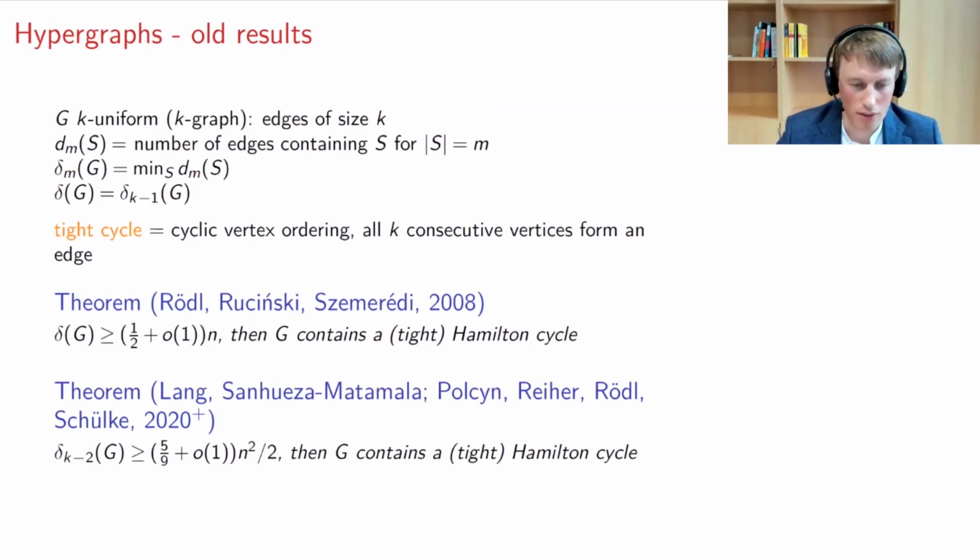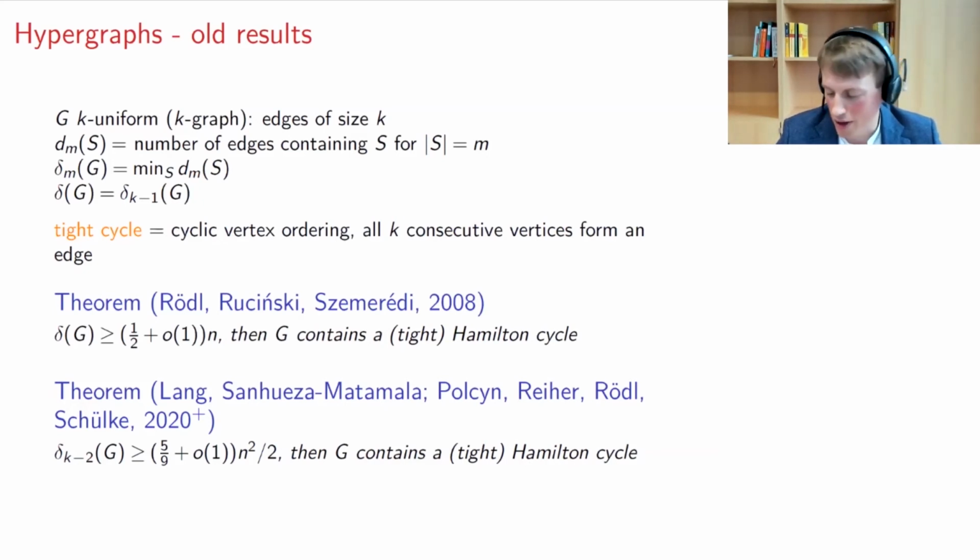So we are still lacking a general understanding of what the right minimum degree threshold is. If we want to guarantee at least one Hamilton cycle, let's stick with the first result, that the k-1 degree is some value, let's say n/2 in our case.